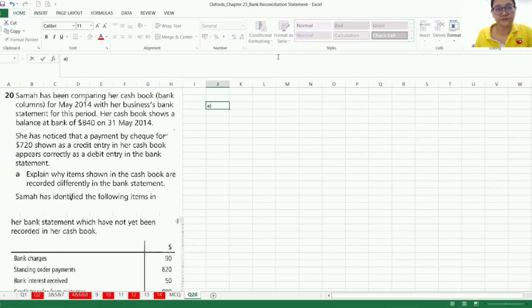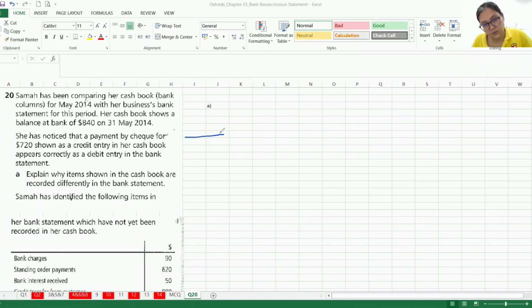Here they say her cash book shows a balance of 840, which is a debit balance. She has noticed a payment by cheque shown as a credit in her cash book appears correctly. That means the payment side, they are talking about in the cash book.